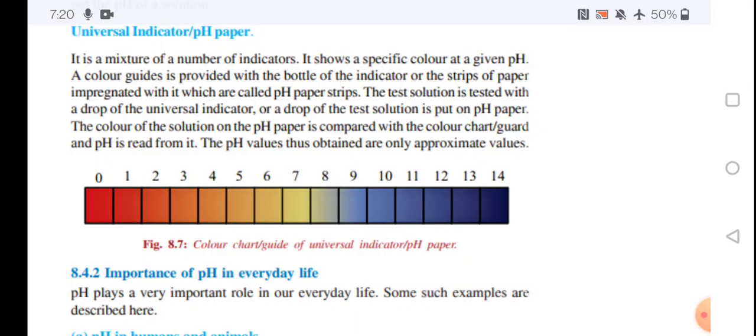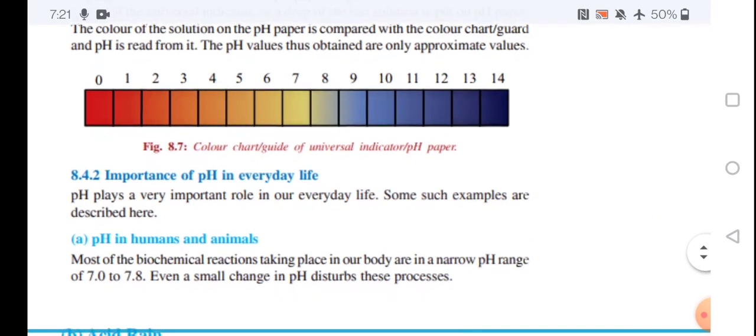After checking that the indicator color has changed, the changed color should be matched with this pH paper chart. If it is an orange color, it may match with 4 or 5. Like this, the changed paper color is matched with the pH chart, and from this we find out the pH of that solution.